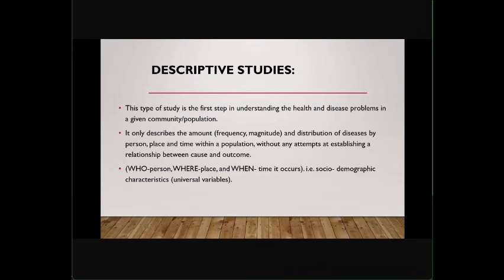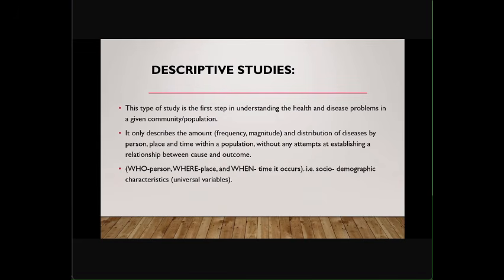This type of study is the first step. You see why it's weak in evidence? It is the first step in understanding the health and disease problems in a given population or in a given area. That is why it's weak. What does it do?